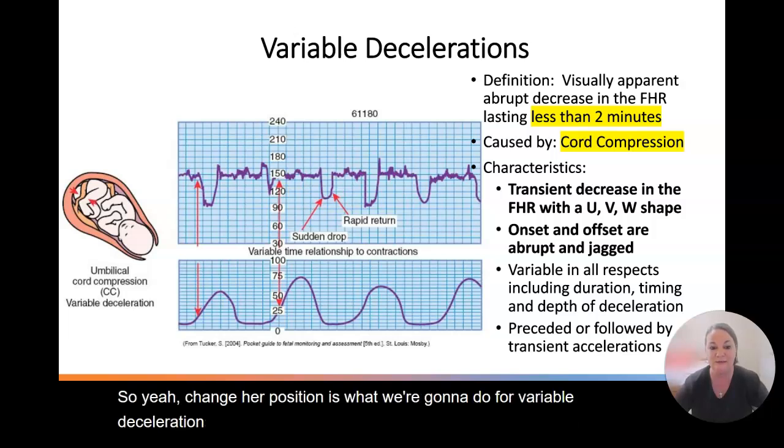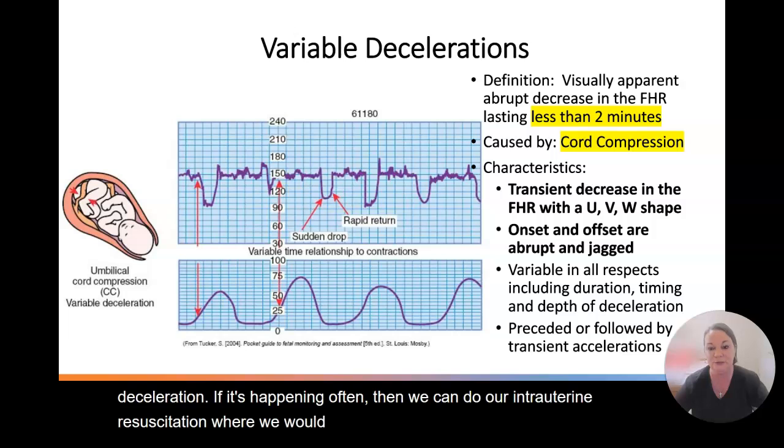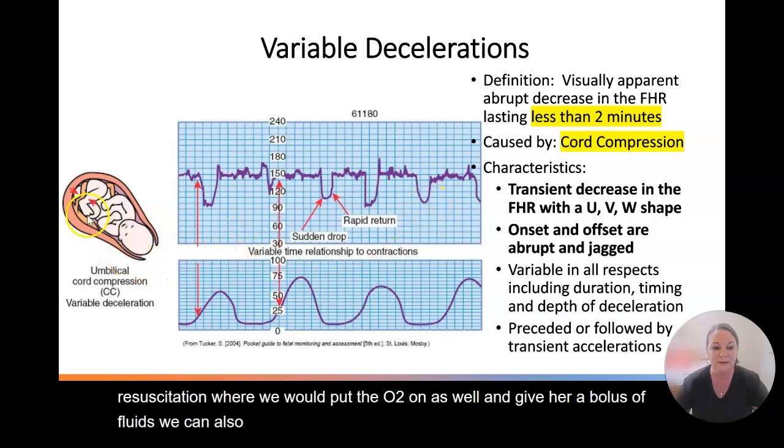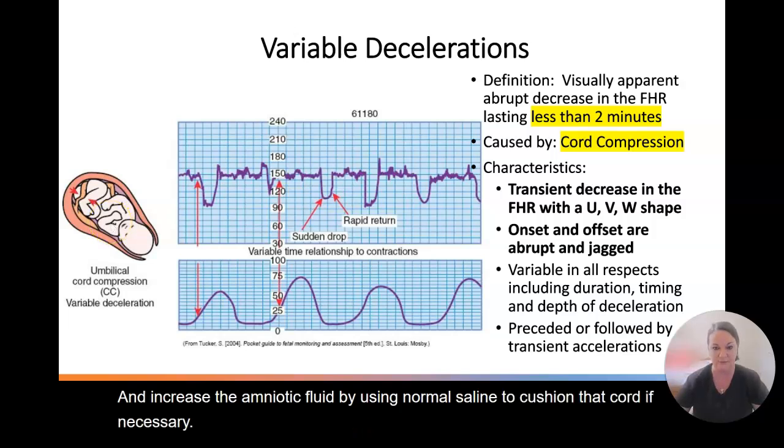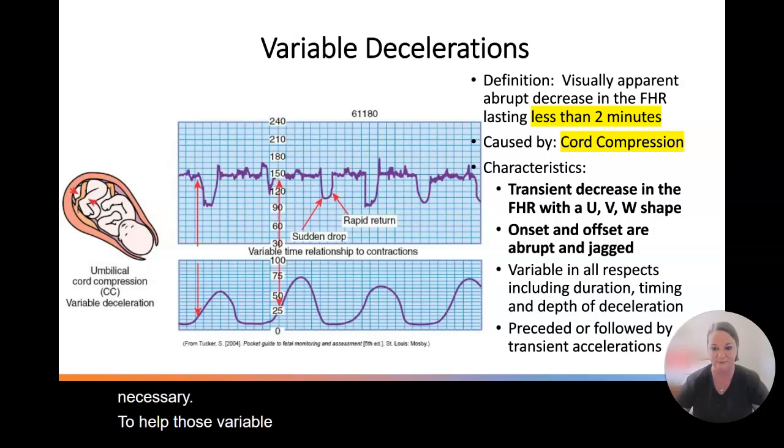If it's happening, then we can do our intrauterine resuscitation where we would put the O2 on as well and give her a bolus of fluids. We can also insert a catheter into the uterus and increase the amniotic fluid by using normal saline to cushion that cord if necessary to help those variable decelerations.